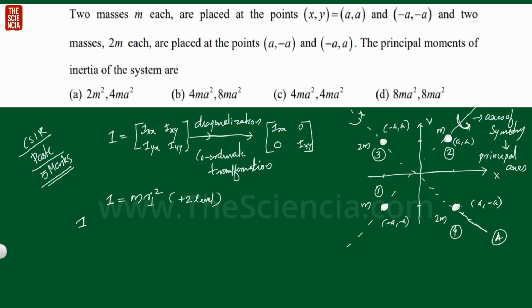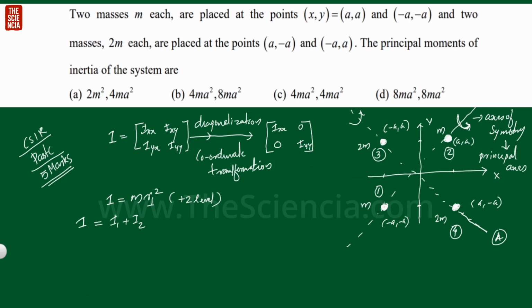The contribution of these two bodies will be 0, because the perpendicular distance from the axis to these two bodies is 0. So there will be no contribution from these two masses, right? Only the contribution from this one and this one. So I will be equal to I1 plus I2, that is, I due to the first mass and I due to the second mass.